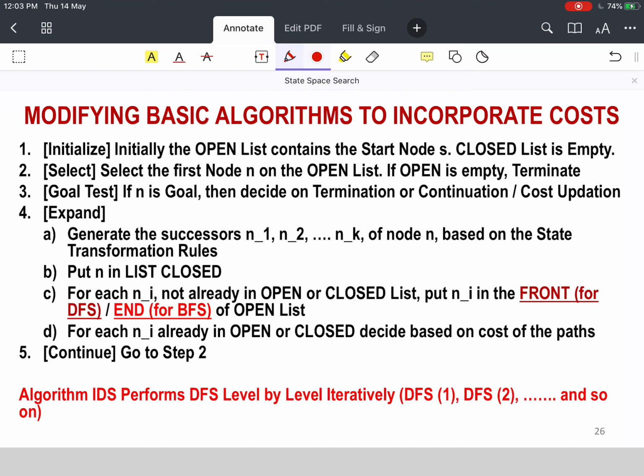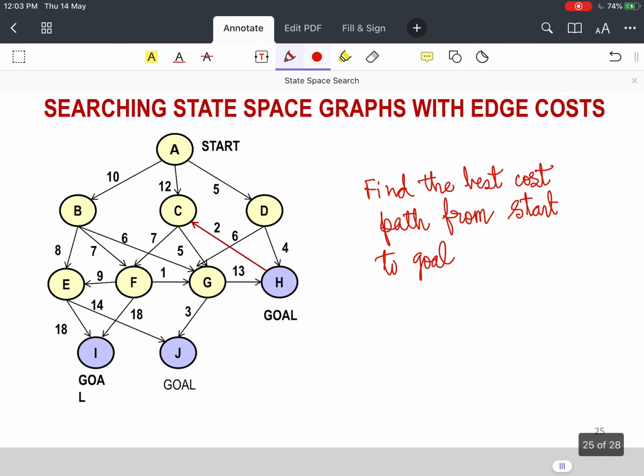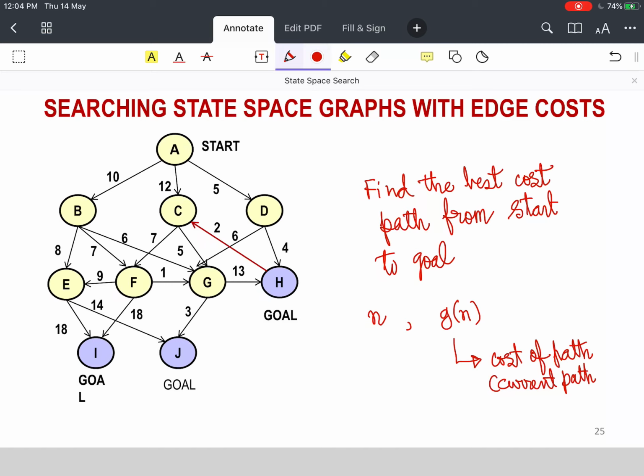So our goal will be to modify these algorithms. In order to modify these algorithms, we need to take into account at every node n a value called G(n), which is the cost of the current path from S to n.